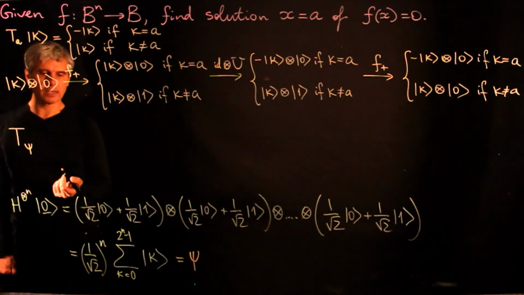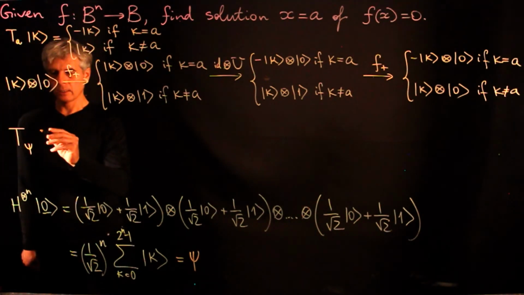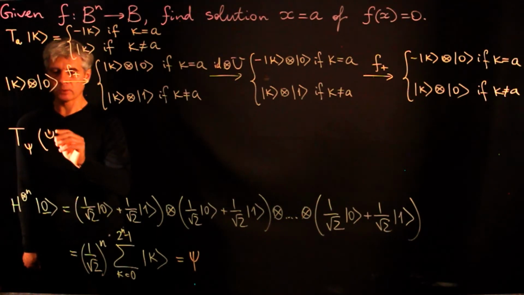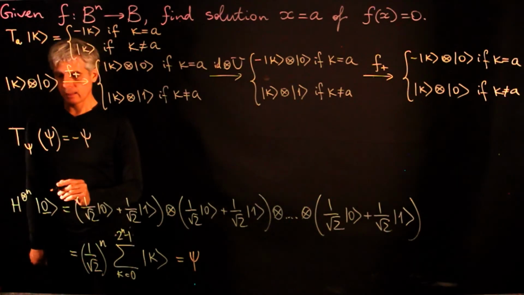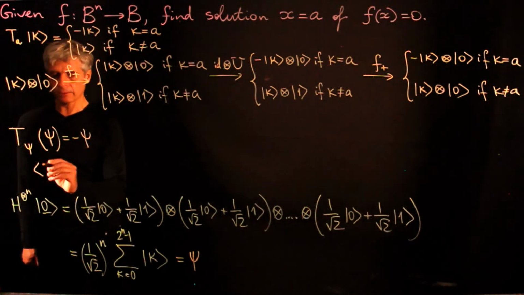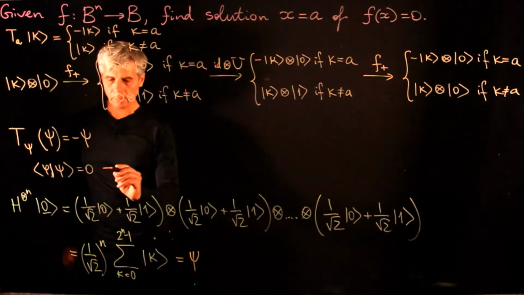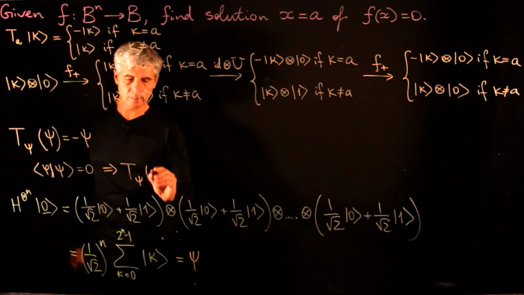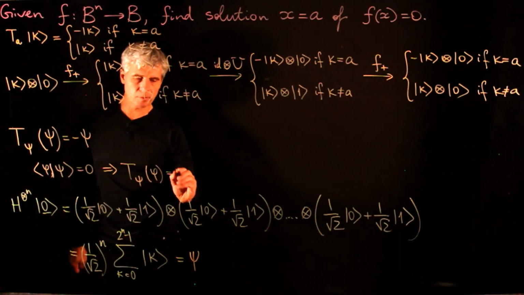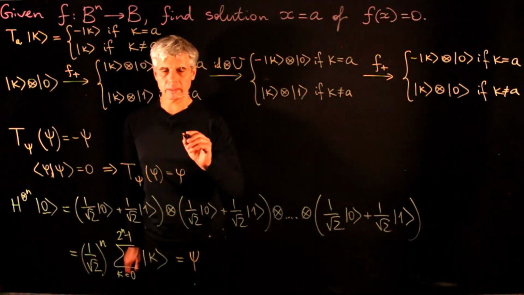So this means that we are looking for a transformation such that, if we apply it to the vector psi itself, we get minus psi. And if we have some vector phi, which is orthogonal to psi, then T_psi applied to phi is going to be phi. Now, how are we going to construct this transformation?